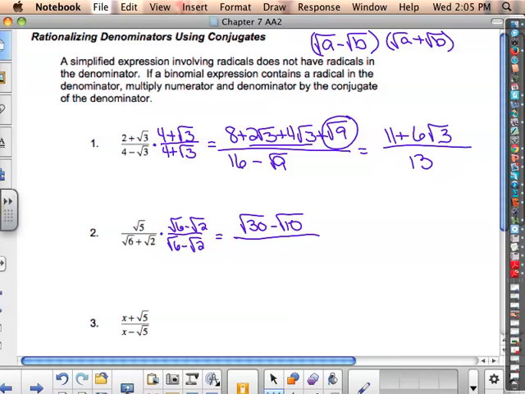I'm going to have the square root of 36, which is 6, minus the square root of 4, which is 2. Now, if you FOIL those, you're going to see those middle terms will cancel. I'm skipping that part. I'm hoping that you see that. The square root of 30 minus the square root of 10 over 4.